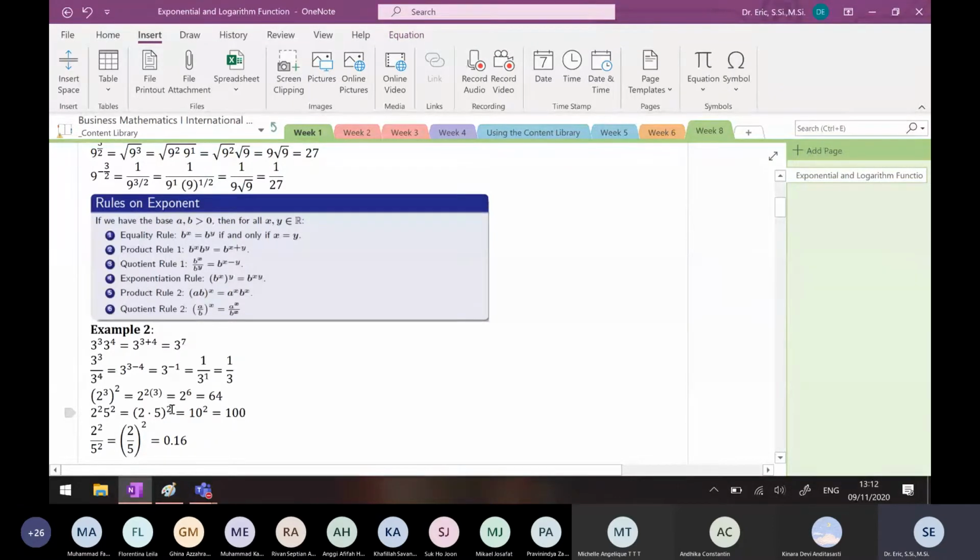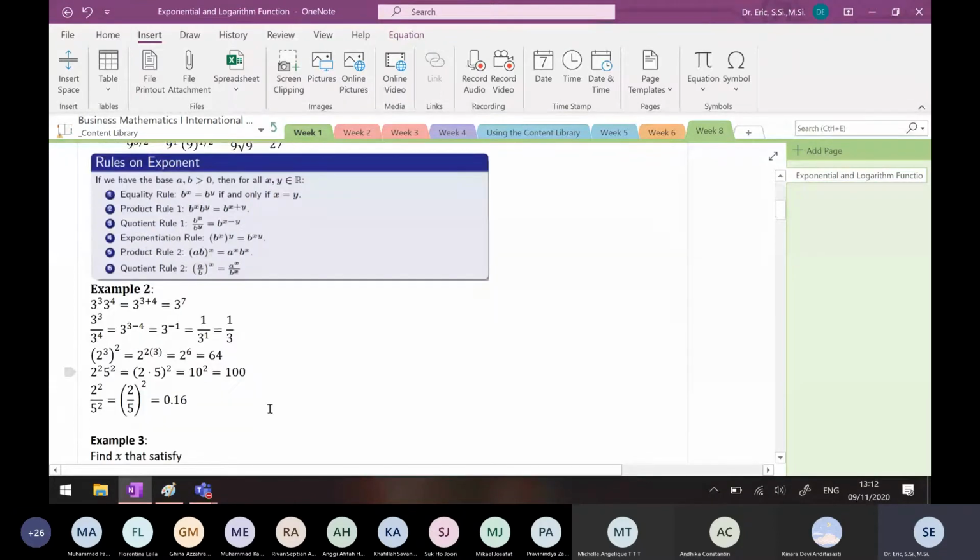I have explained it in the video also. So this is 10 squared, so you have 100. And if you have 10 squared divided by 5 squared, it equals 10 divided by 5, squared. That is 0.4 squared, 0.16.